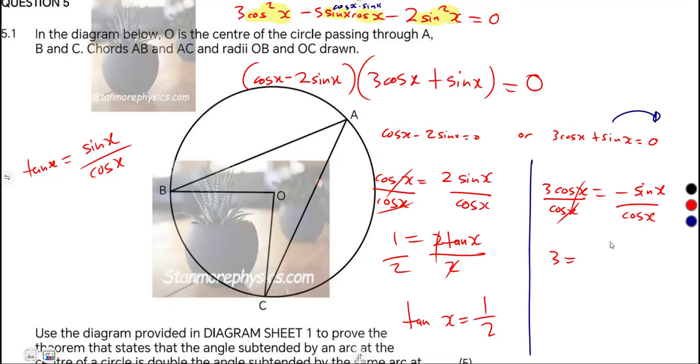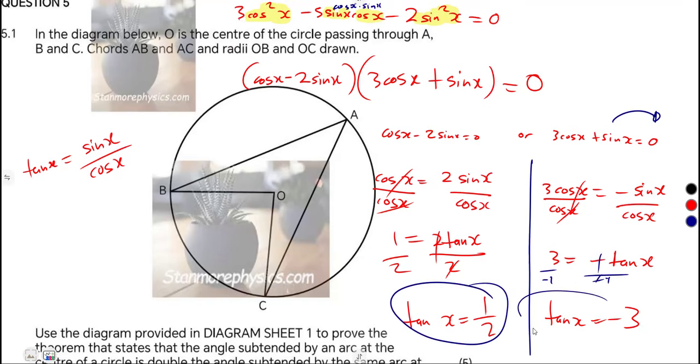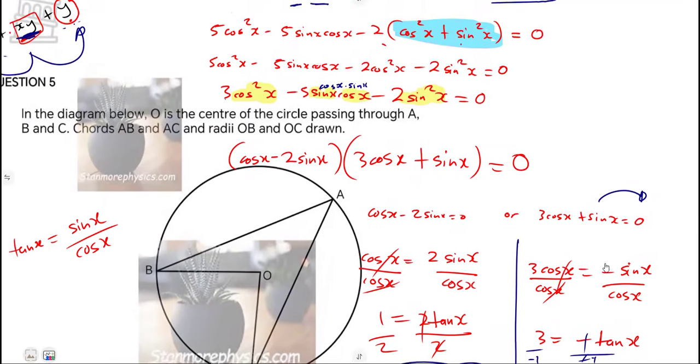So that's 3 is equal to negative tan x. So divide by a negative. That's tan x is equal to negative 3.